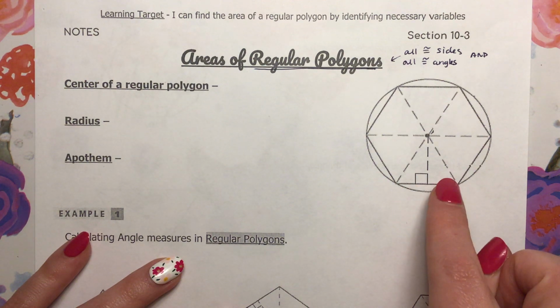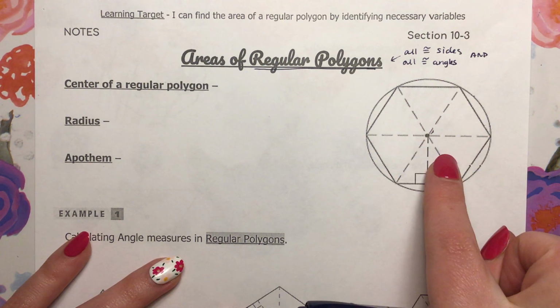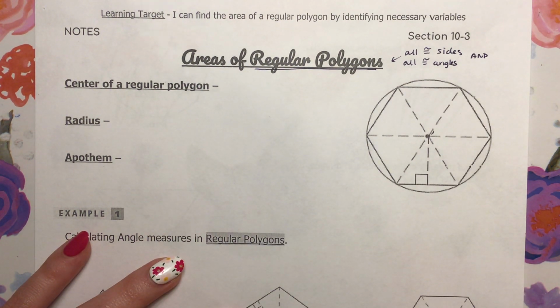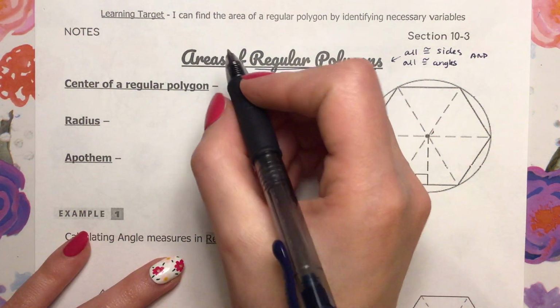So we're going to use this image to kind of help us identify what these vocab words are. So the center of a regular polygon is going to be the center of the circumscribed circle.